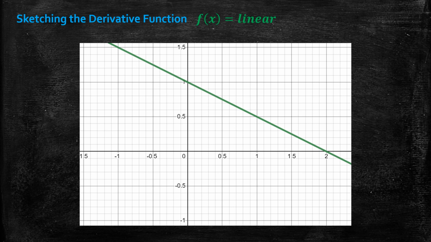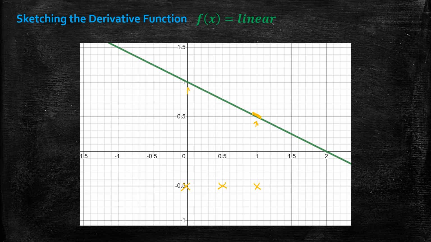Let's look at x equals 1. At x equals 1, it looks like the slope of the tangent line would just be the slope of the line itself, which seems to be, if I rise down 1 over 2, negative a half. So I'm going to put a mark there to indicate that it's negative a half. And wherever I go, when x is 0, well, that's negative a half as well.